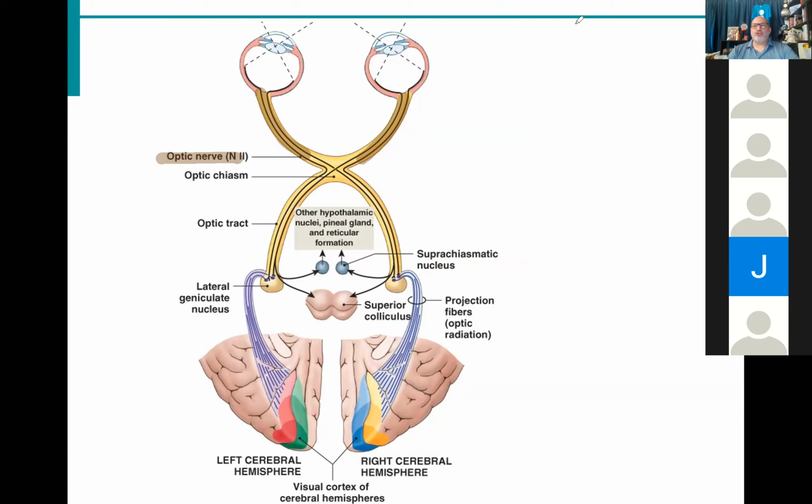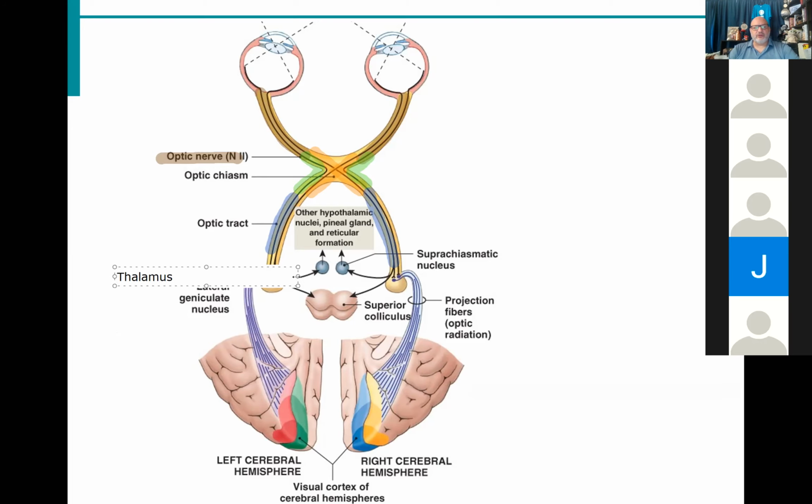We get a partial crossing of information where some axons cross and some axons do not. And then that brings us to our side-specific information, which is the optic tracts, which carry the information to the thalamus to be processed, because remember that thalamus is the relay station.